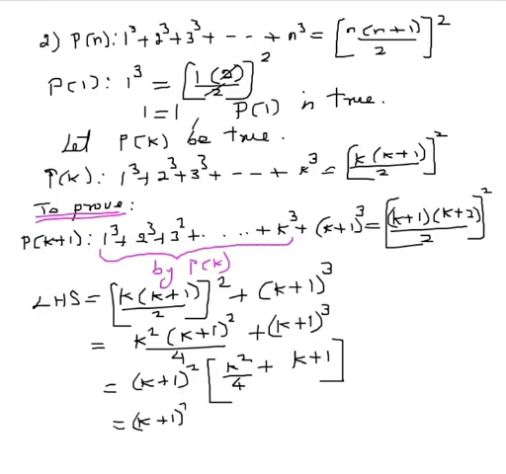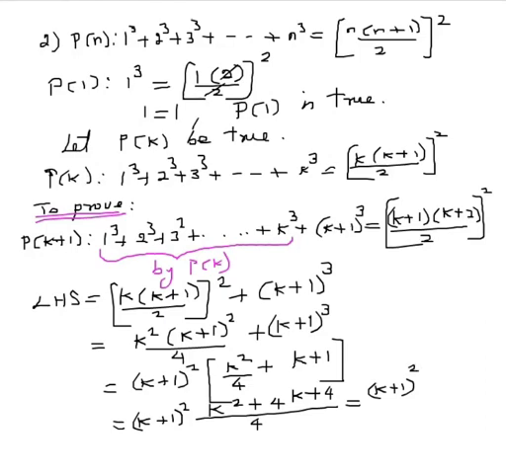Let us take LCM. We get k square plus 4 times k plus 1, which is 4k plus 4, divided by 4. And this is k plus 1 the whole square.